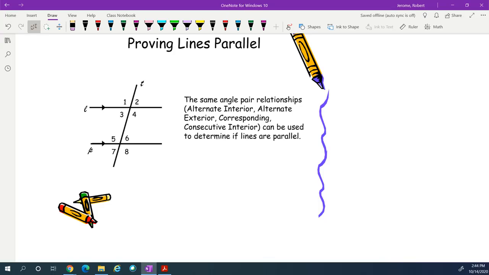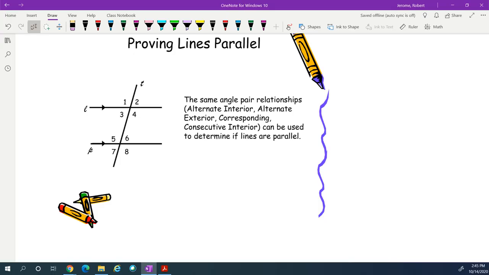We're going to just flip that around and we're going to say, let's use the angle information and decide if the lines are parallel. Remember, if the lines are parallel, alternate interior angles will be congruent. So we're going to test, are the alternate interior angles congruent? If they are, then the lines are parallel.